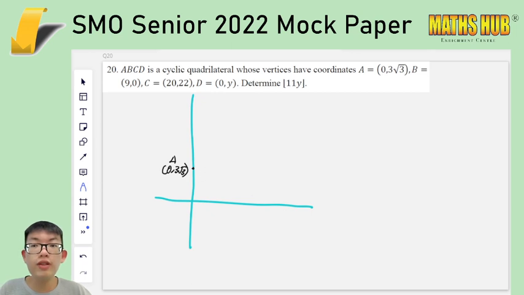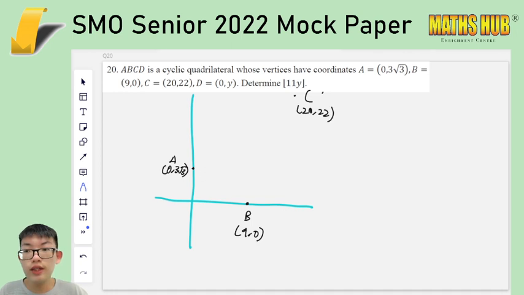You have got B equals to 9, 0. You've got C equals to 20, 22, pretty far away. And D is somewhere on the y-axis, 0, y.